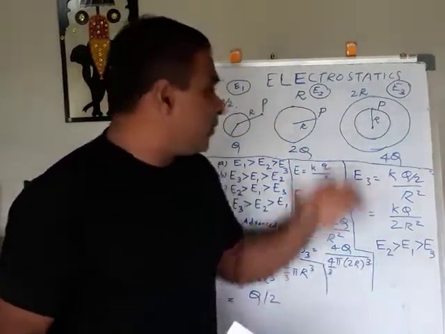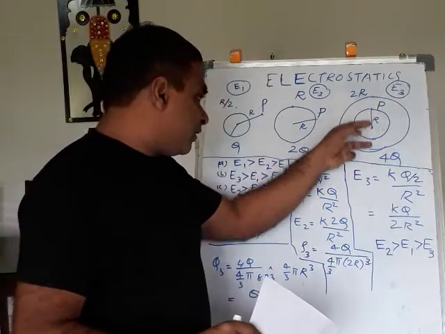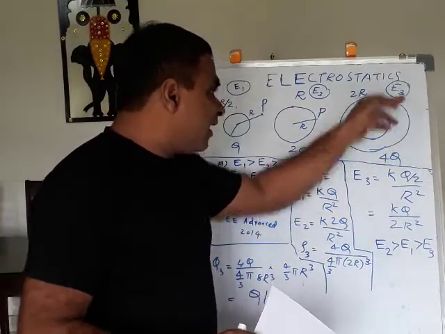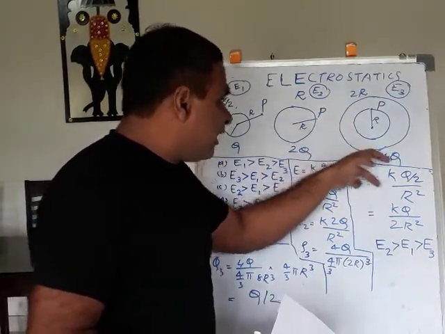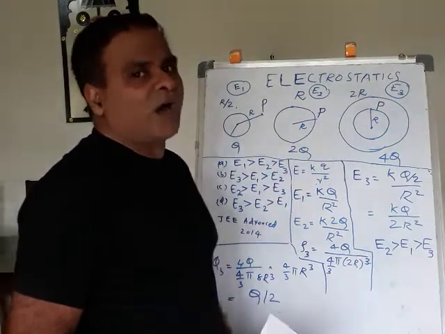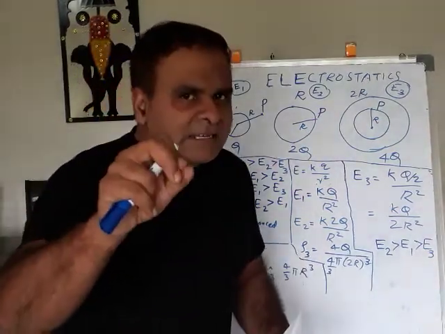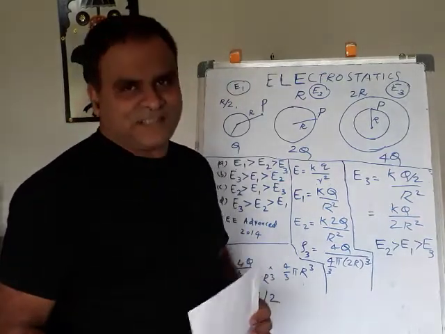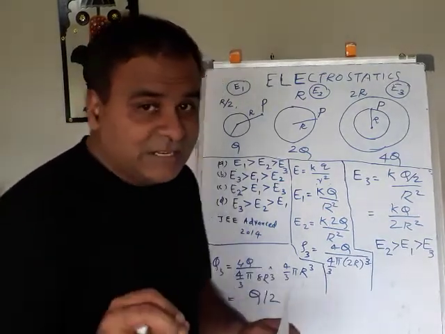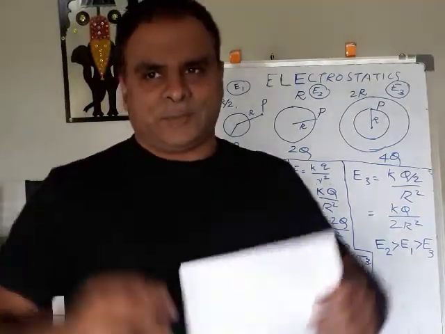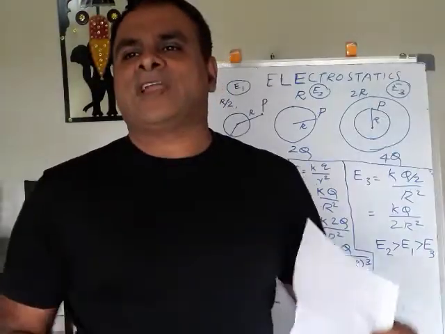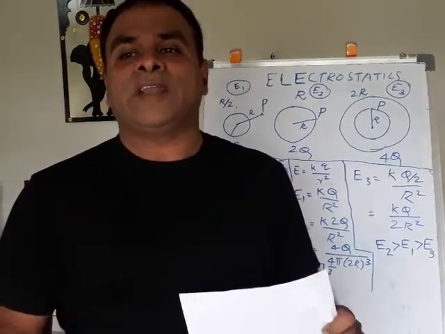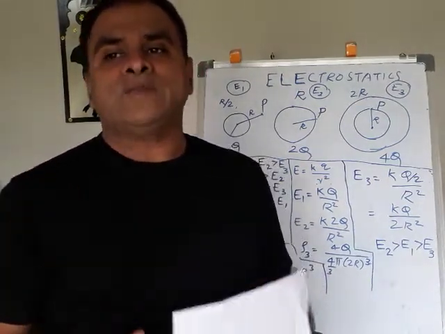How much charge will be there inside the sphere of radius R, inside this dielectric, whose radius is 2R? For that, we will use the volume charge density, because it is a sphere, it has volume. So here we will use the concept of volume charge density.